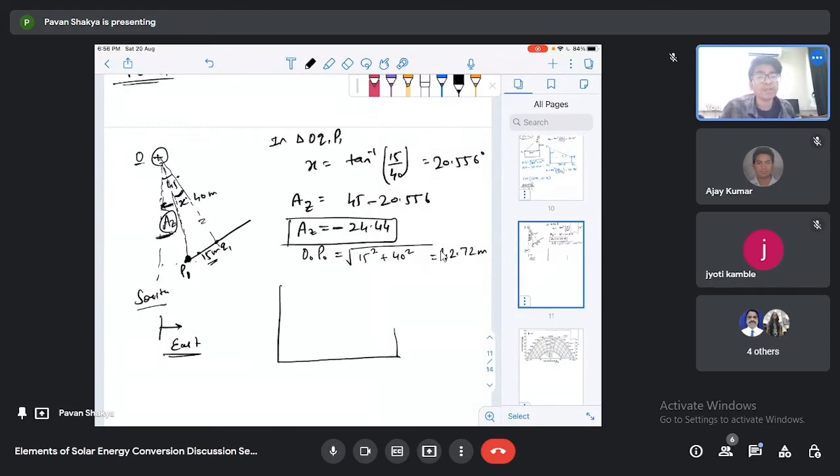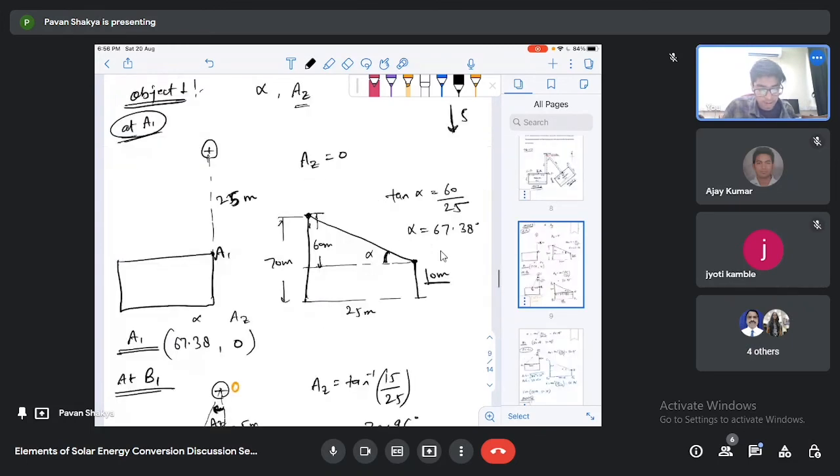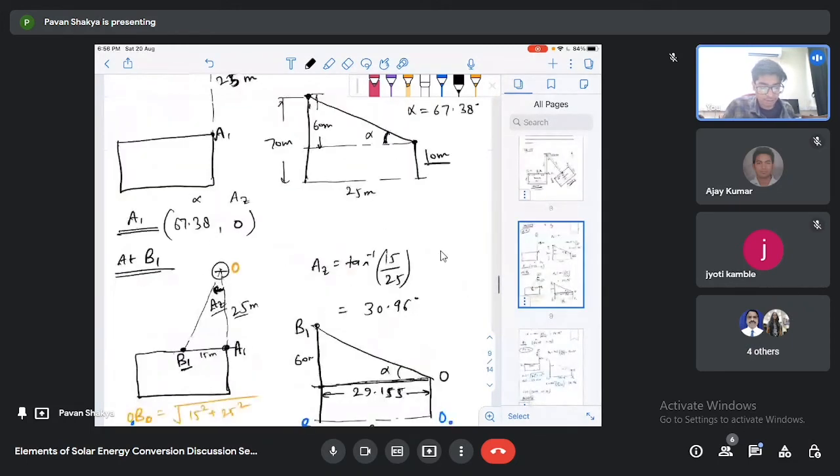Now you can draw the side view. You know the distance between the projection of this receiver O0 and the projection of this point P1 on the ground edge P0. This distance is 42.72. We have to calculate this angle alpha. The height of this building is given in the problem, that is 90 meter.